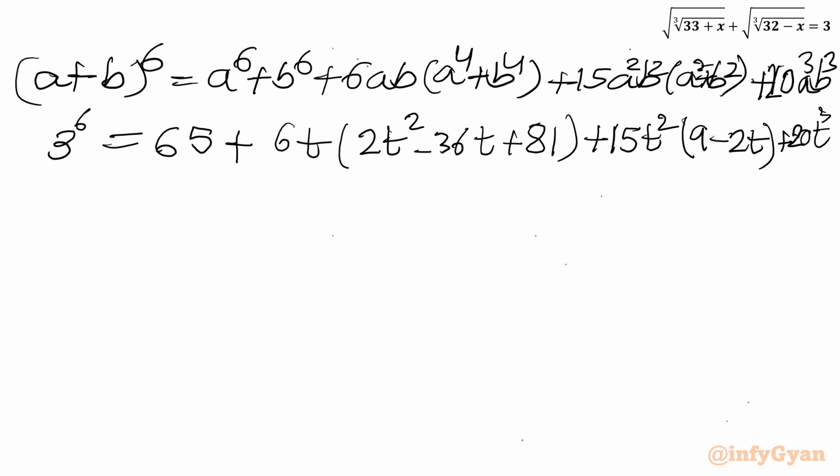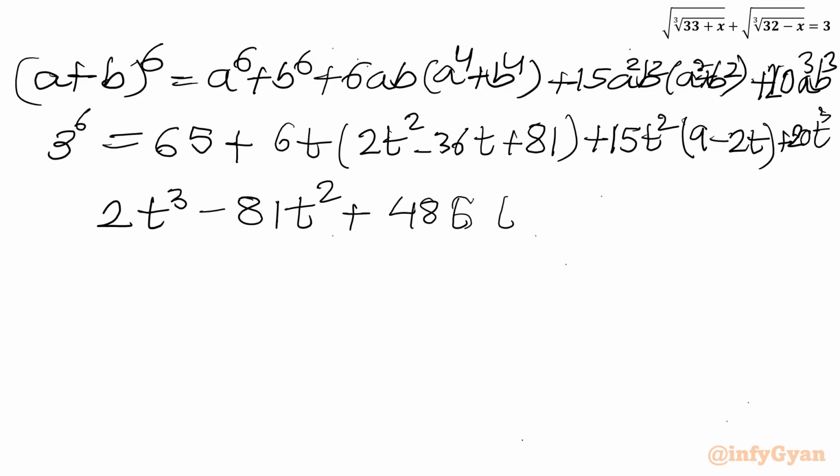Now we have to only simplify. Once I will simplify, resolve, I will get one cubic equation, and that equation would be 2t cube minus 81t square plus 486t minus 664 equal to 0.